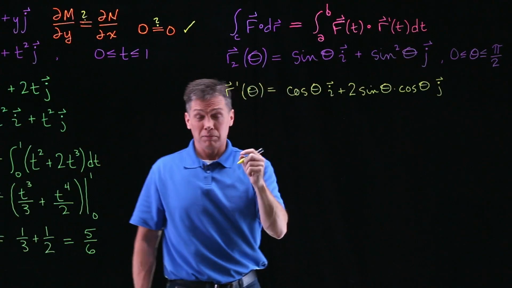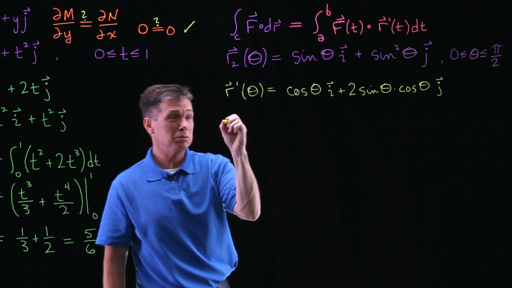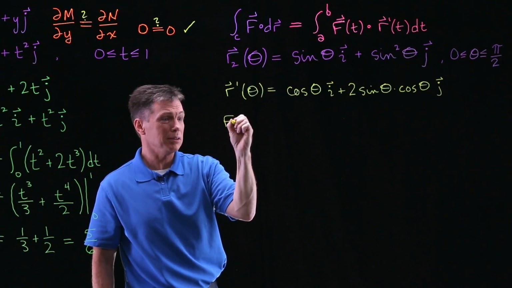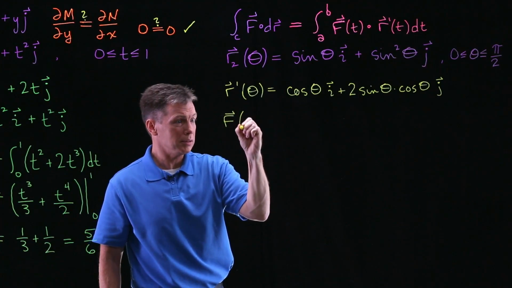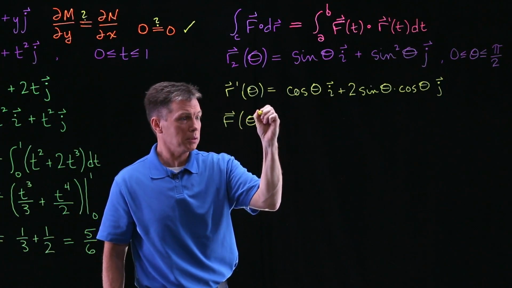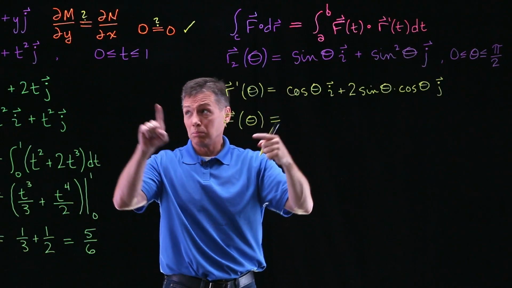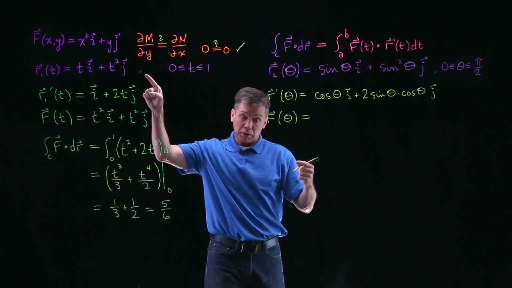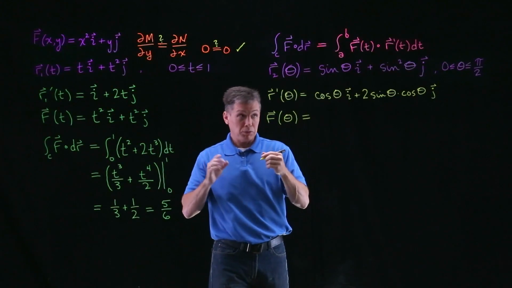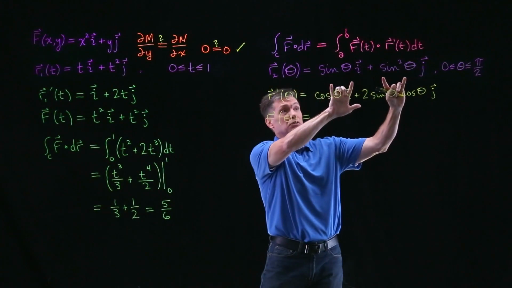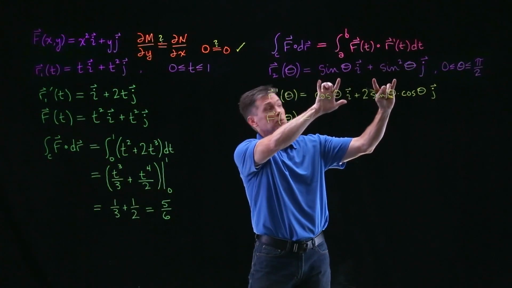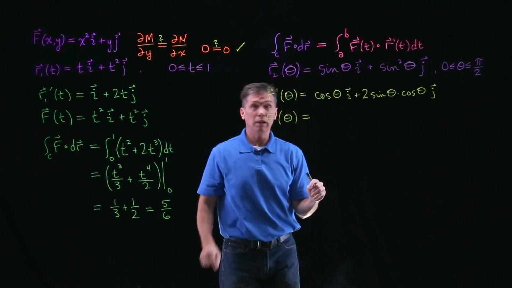Okay. And then similar to what I did before, right underneath that, I'd really like to take a look at the f vector in terms of the parameter, just so I can do my dot product in the next step. So now I'm looking back at that f function, but I'm using for x and y these parts here. The sine of theta is my x, the sine squared is my y.